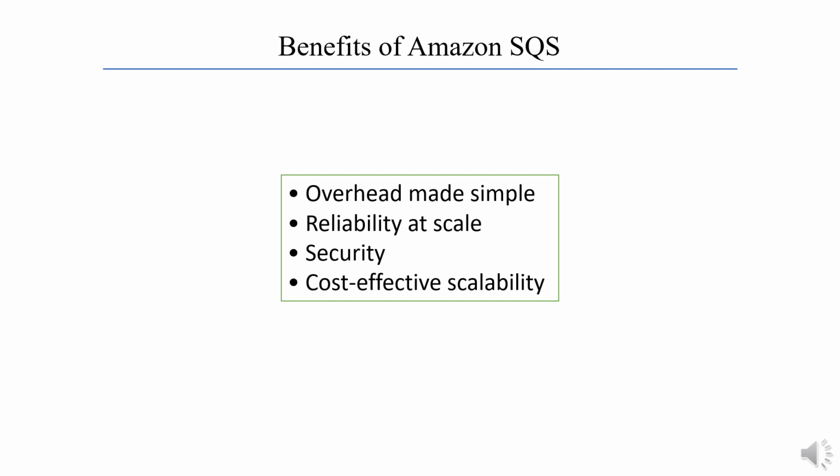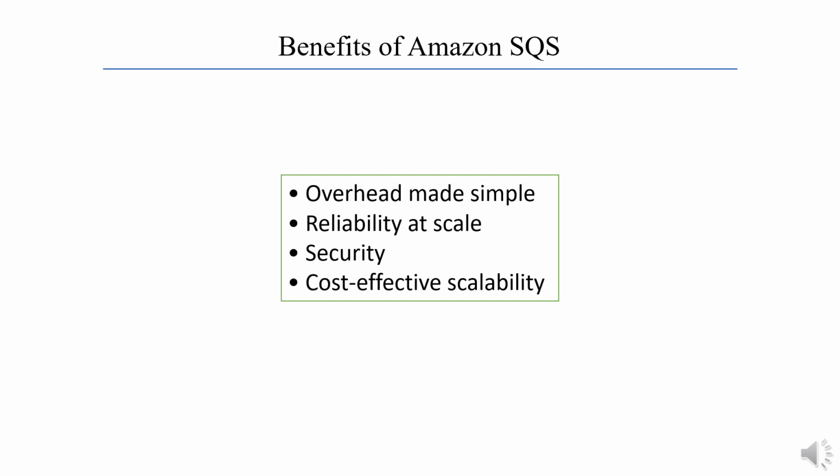Amazon SQS offers the following benefits for your organization: overhead made simple, reliability at scale, security, and cost-effective scalability. Now let us see each of these benefits briefly. Overhead made simple.